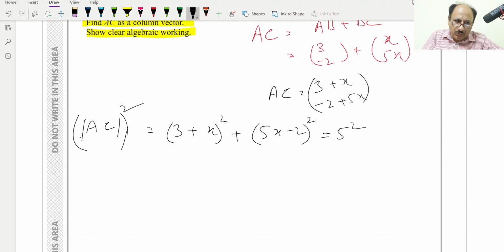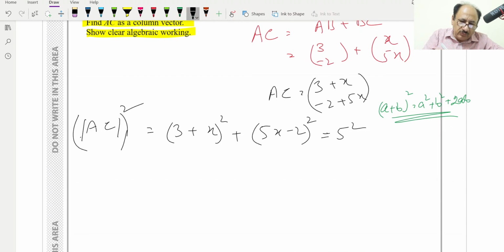So we can now open this square. The formula is a plus b squared is equal to a squared plus b squared plus 2ab. This is the formula which we'll be using.